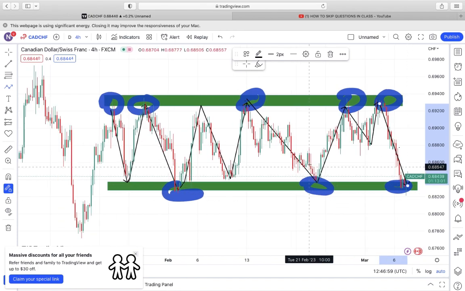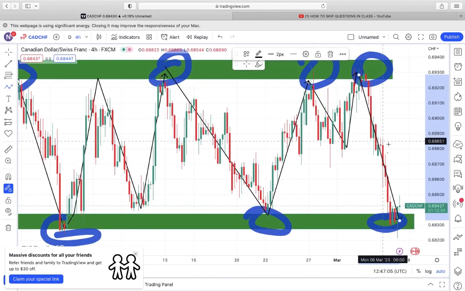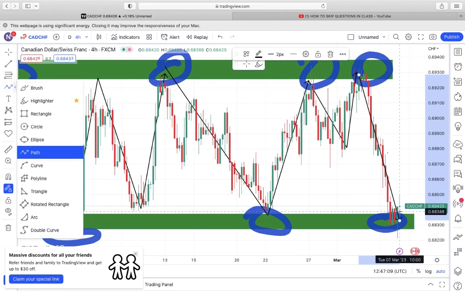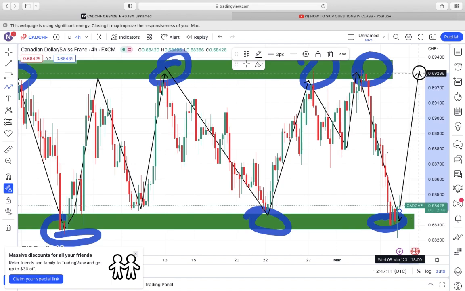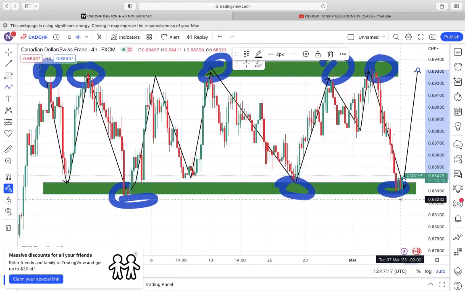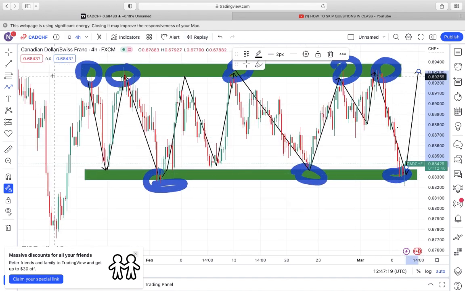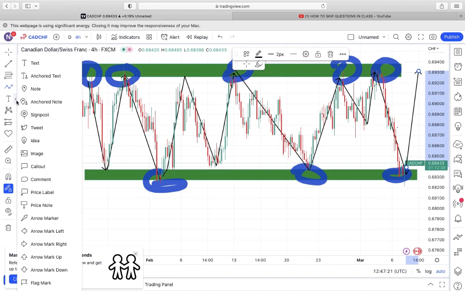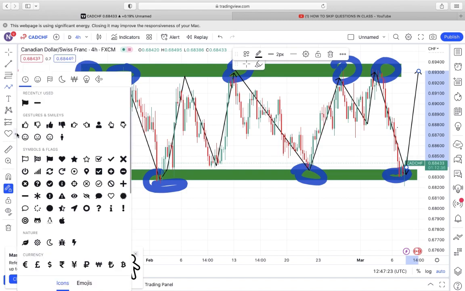So I told you to identify the structure of the market; the key zones are here. This is a live market. There is a possibility that the market can move back to this place, and there is a possibility that the market can break different supports. Let us name them.